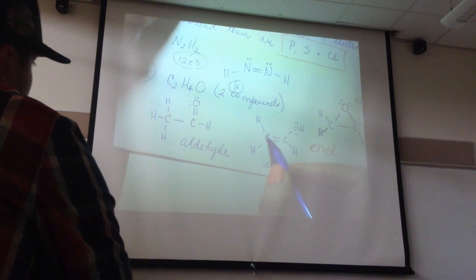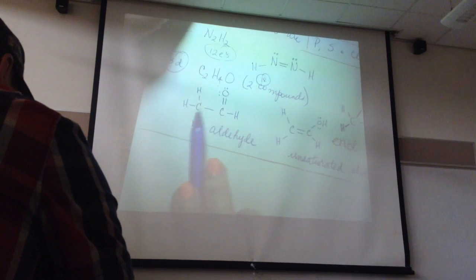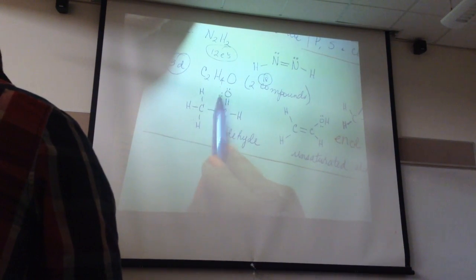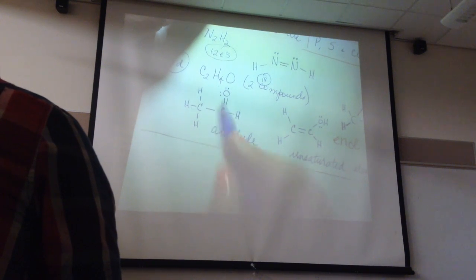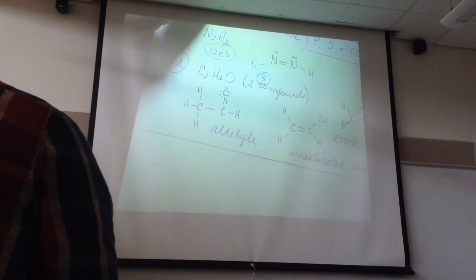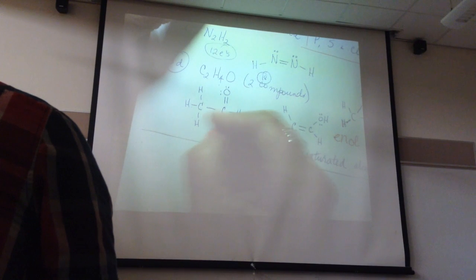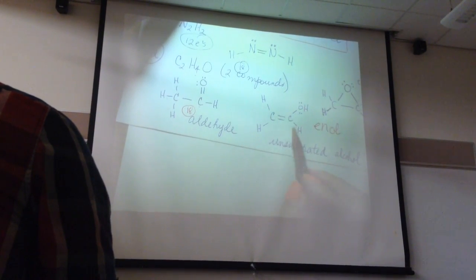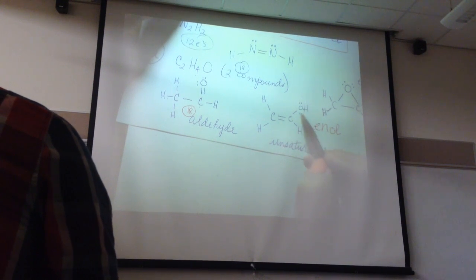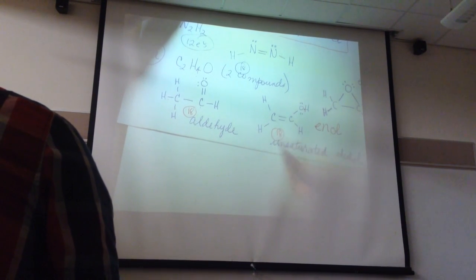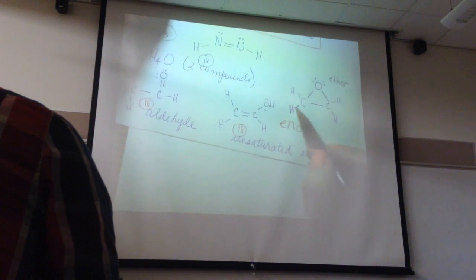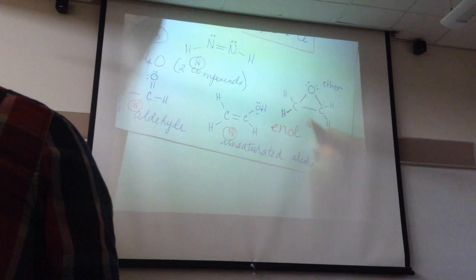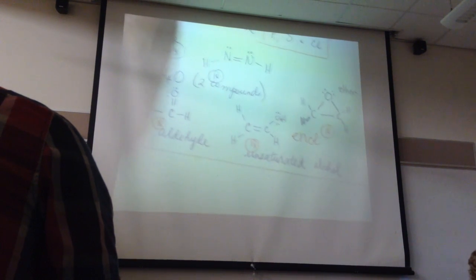Okay, so then we have 2, 4, 6, 8, 10, 12, 14, 16, 18. So there's 18 in this aldehyde, and 18 here, and 18 here. So there's 18, 18, 18.